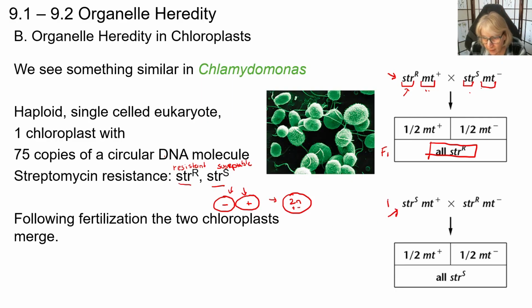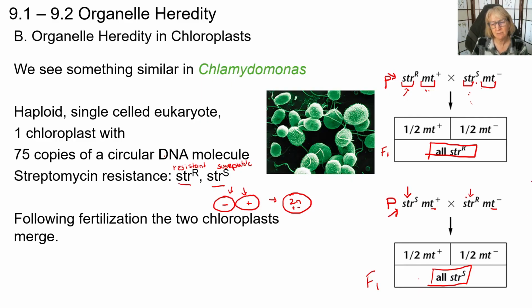But when I do the opposite cross with these parents, and I have my positive and my negative, but now my positive Chlamydomonas is susceptible to streptomycin, and my negative is resistant, these are opposites of each other, I find when I breed them together that in my F1 generation, I get 50-50 positive negative, and all of them are susceptible.